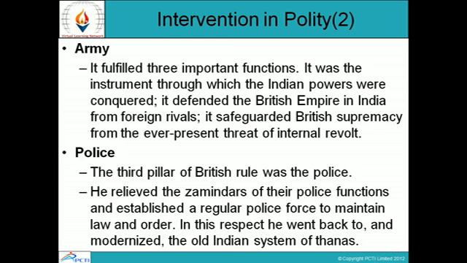Earlier, thanas were there and there was no regular police force, but with the coming of the British, they relieved the zamindars of their police functions and established a regular police, obviously to look after British interests, but to maintain law and order, which led to the modernization of the old Indian system of thanas.